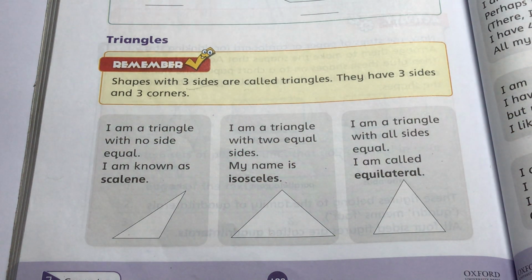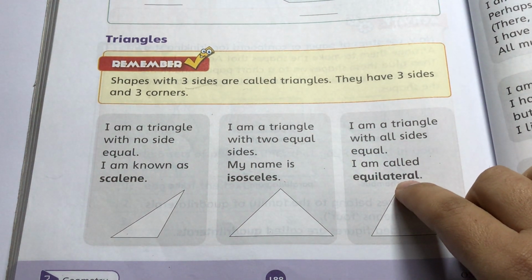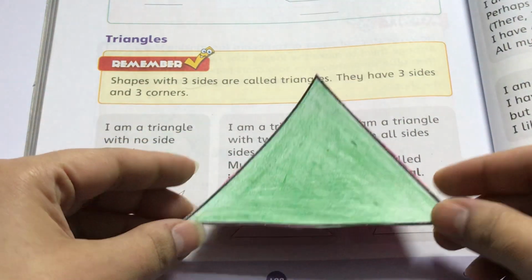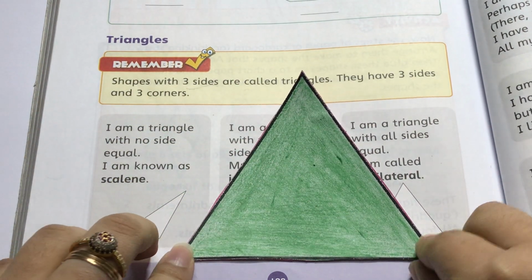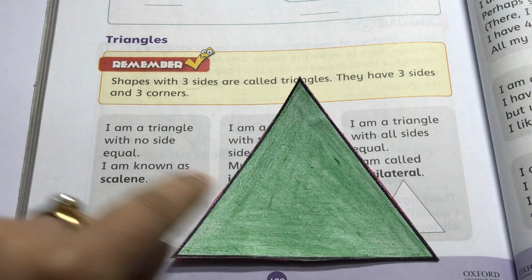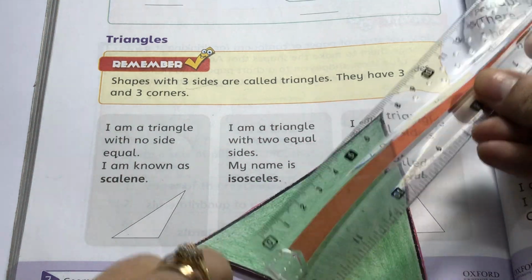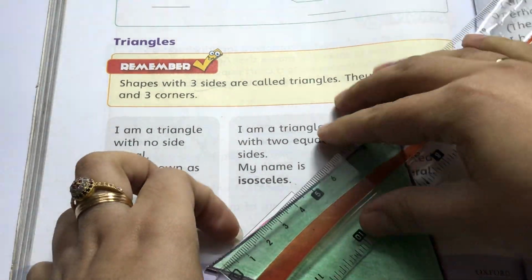Now let's discuss the third type of the triangle, and that triangle is called an equilateral triangle. Now let's see why we call this an equilateral triangle. Because this triangle has all three sides equal. Now let's again measure it with the help of our ruler.